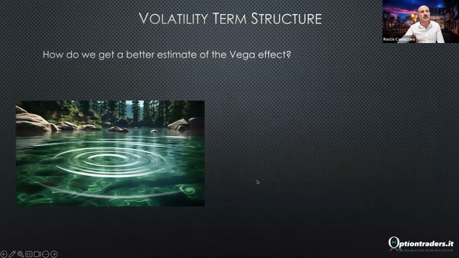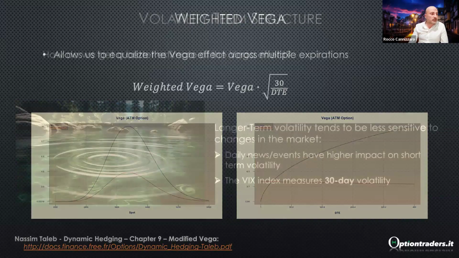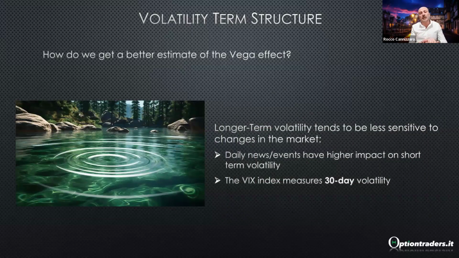Here there's a concept of weighted Vega, which is described by Nassim Taleb in his book called Dynamic Hedging. I would encourage you to search on YouTube for the concept of weighted Vega.